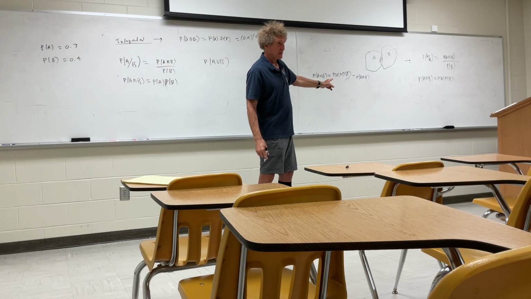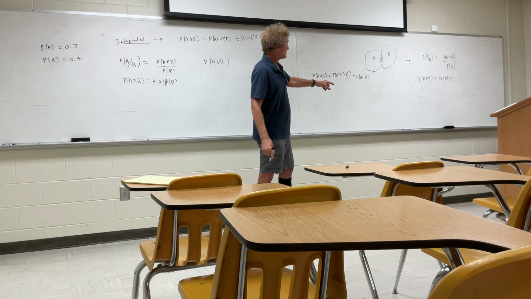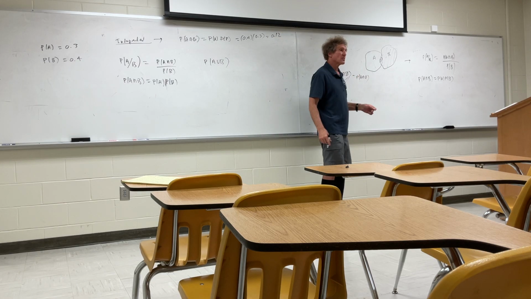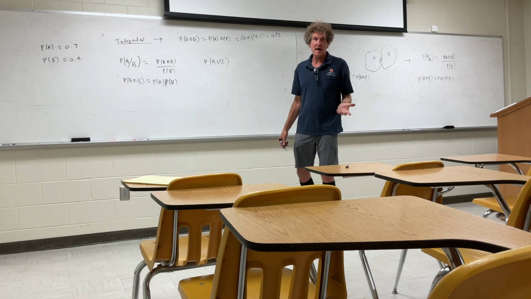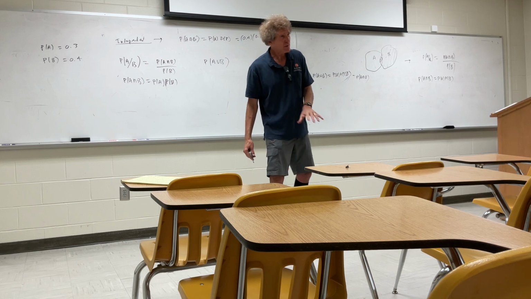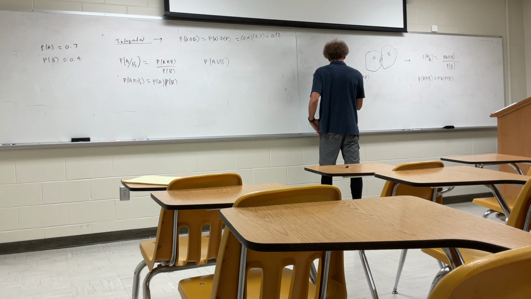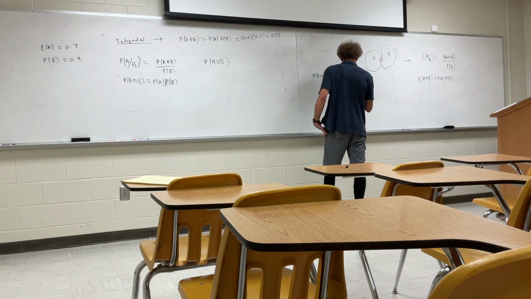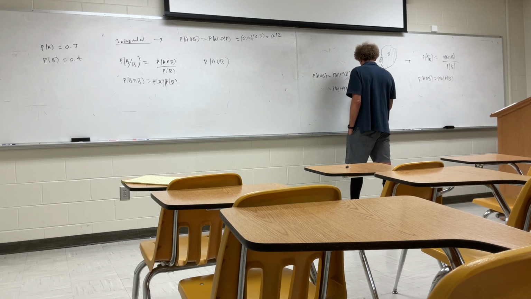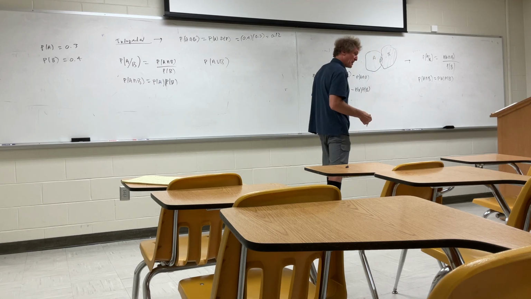It's P of A times P of B. This intersect here becomes just P of A times P of B. You all with me? So this becomes P of A plus P of B minus the probability of A times probability of B, and the only reason I can do that is they're independent.